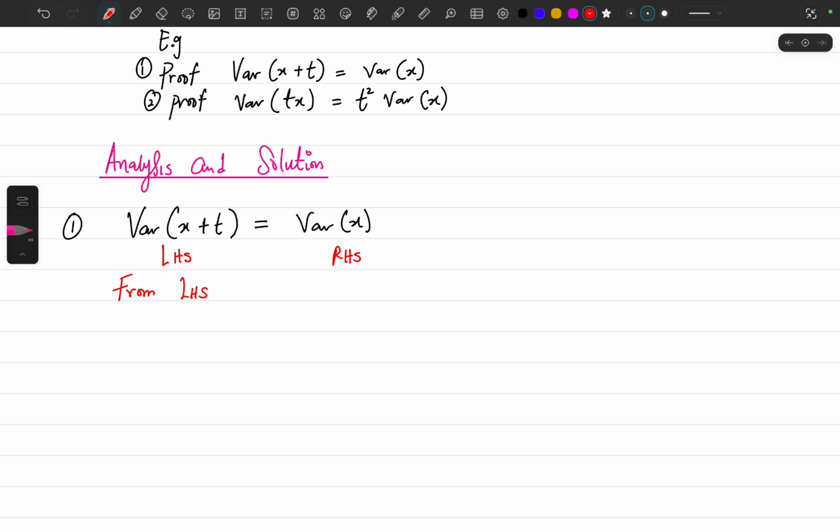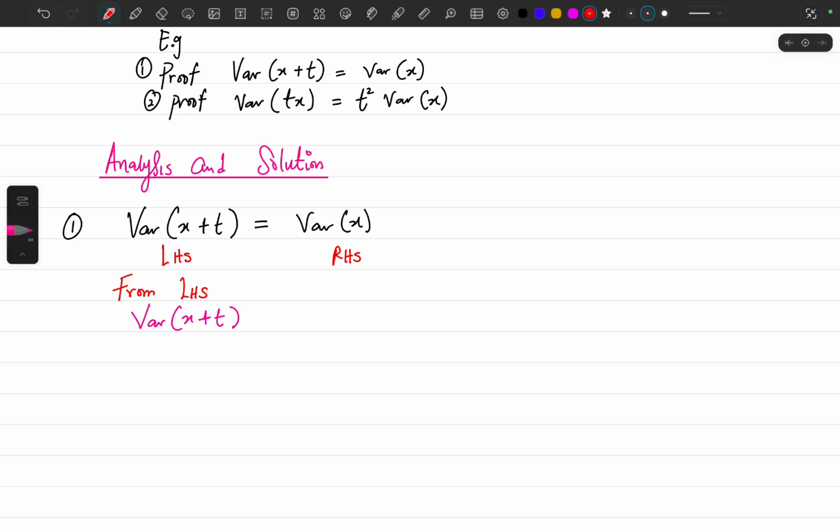From the LHS, what you get will be to take the variance of x plus t. Now, the first thing to talk about is the definition of variance.